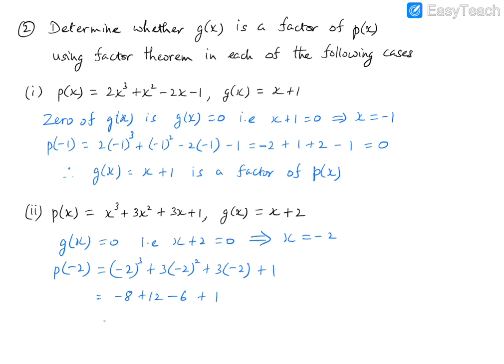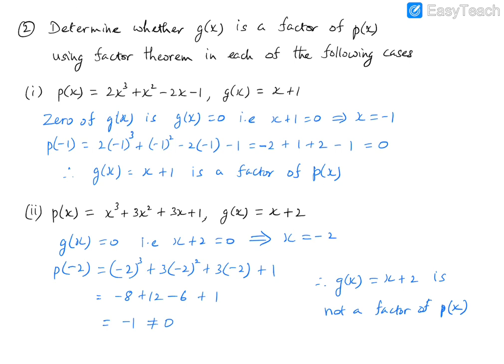Minus 2 plus 1 is minus 1, which is not equal to 0. So therefore we will say that g of x equals x plus 2 is not a factor of this particular p of x.